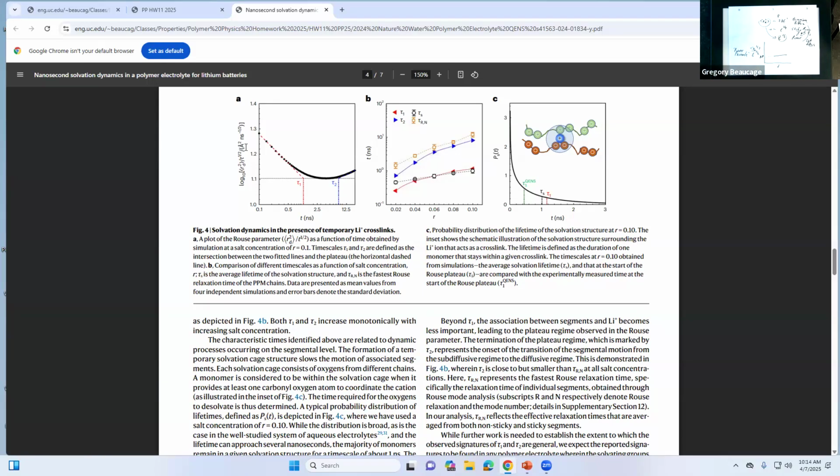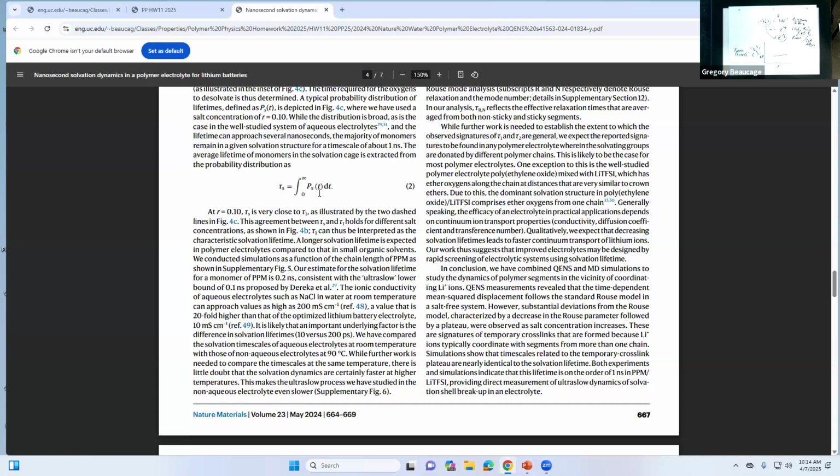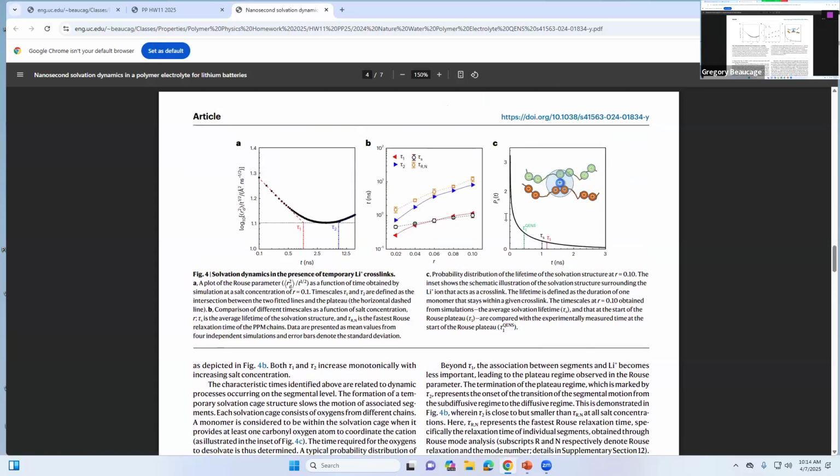He gets that tau s by figuring out the probability that one of those associations exists. It's 100% if it's there, 0 if it isn't, but it isn't cut and dry, so it's a probability that decays with time. I think he gets that from a simulation.